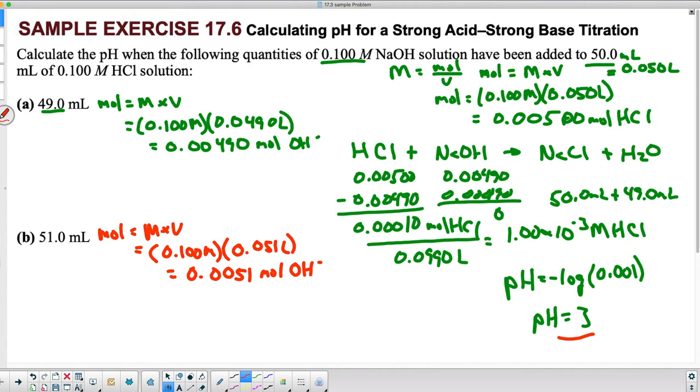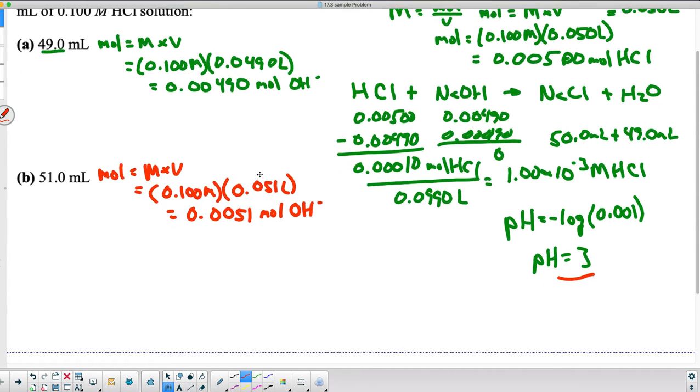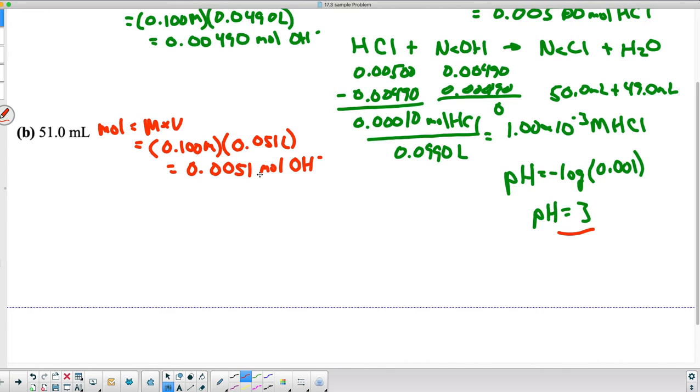Now that means that I'm going to end up with a little bit of sodium hydroxide left. I'm going to go through the same procedure I did last time. I'm going to show you the HCl plus NaOH, and then we're going to subtract the moles to see what comes up.